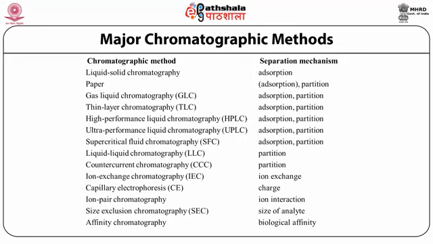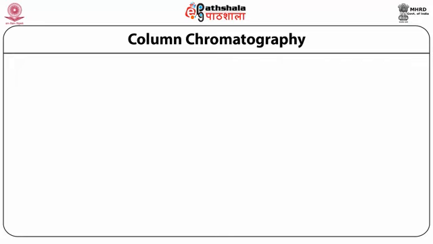The last one is affinity chromatography. Again, it is unique in its features because it uses biological affinity of proteins for the separation of proteins, peptides, and other protein-based substances.